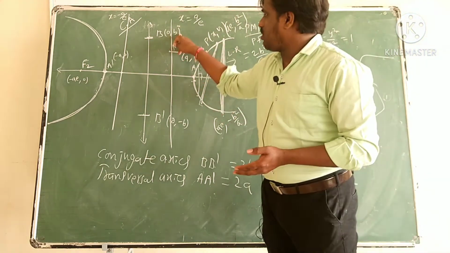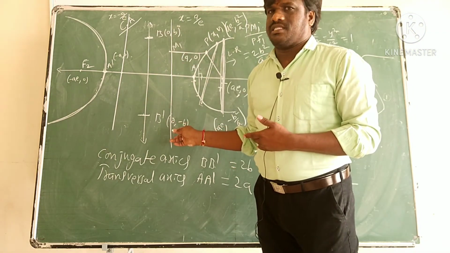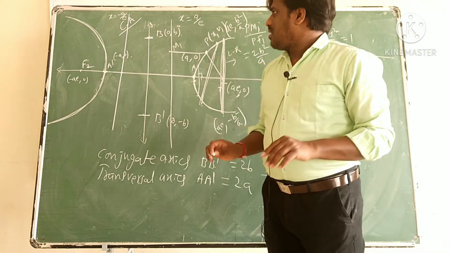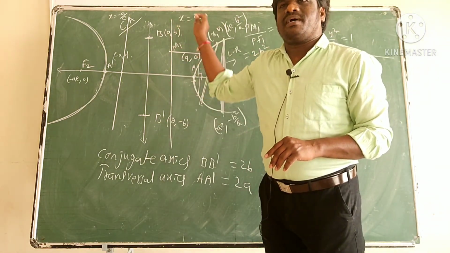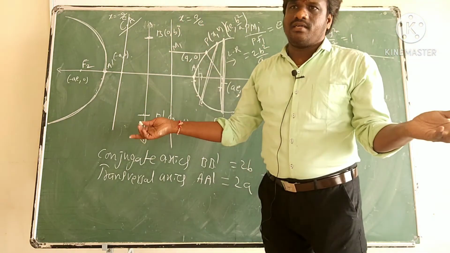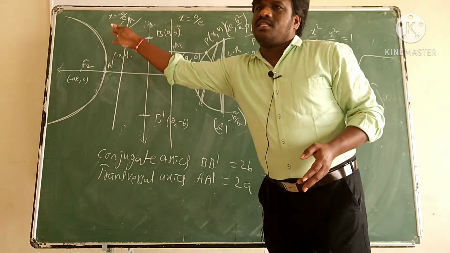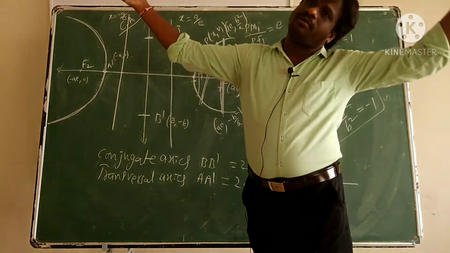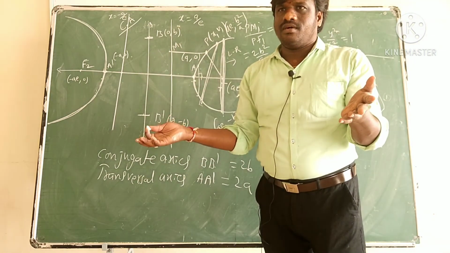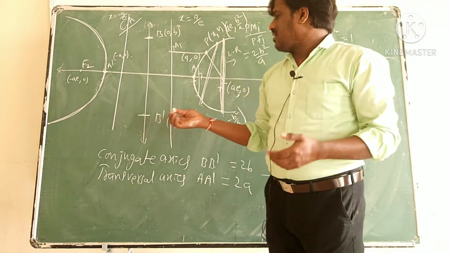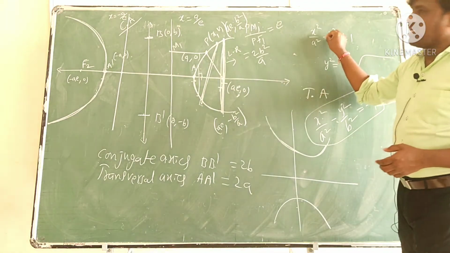The directrices are a by e here, and a by e there too, and minus a by e on this side, also minus a by e. Both are the same, but there is only a small difference, only in the equation, that is the minus here.